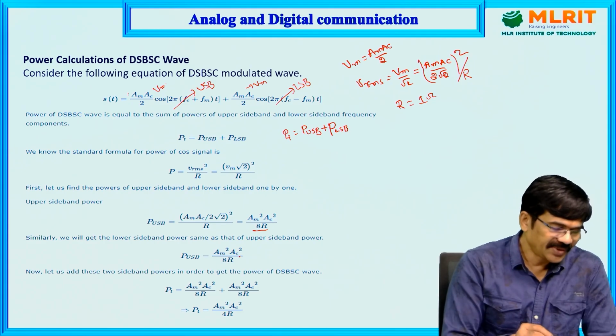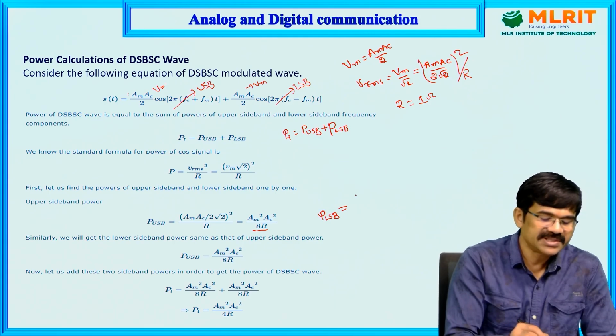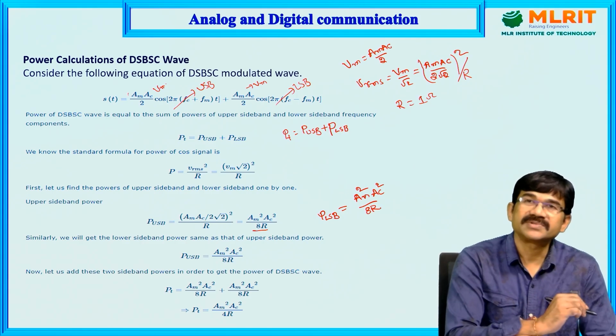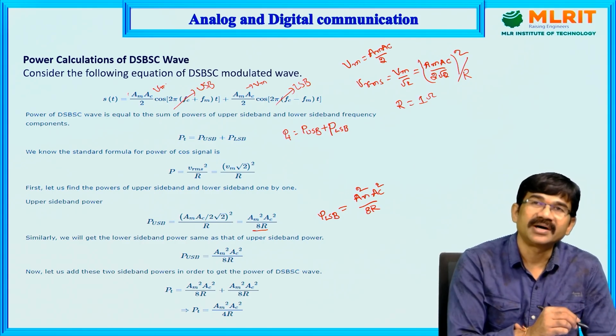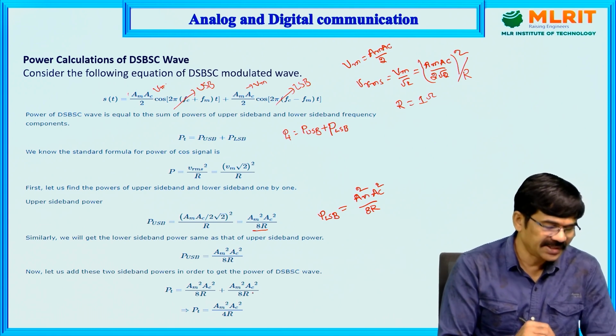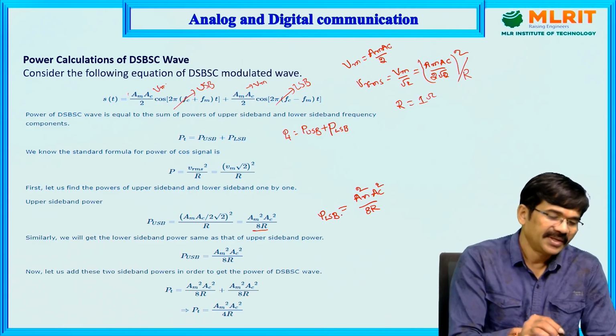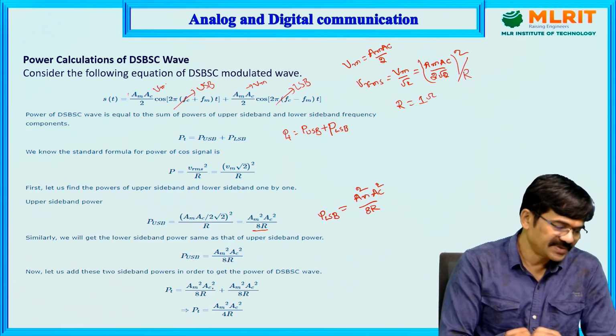Similarly, for the lower side band, the P LSB power is equal to Am square Ac square by 8R. Okay. So if R is equal to 1, what value are we getting? P USB plus P LSB, that is Am square Ac square by 8R plus Am square Ac square by 8R.